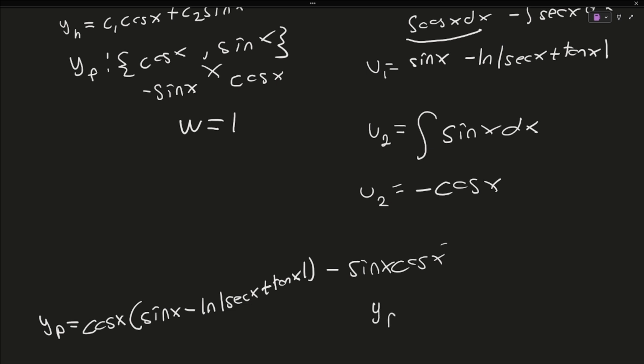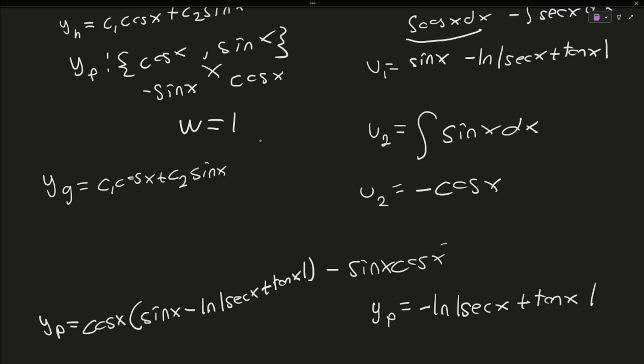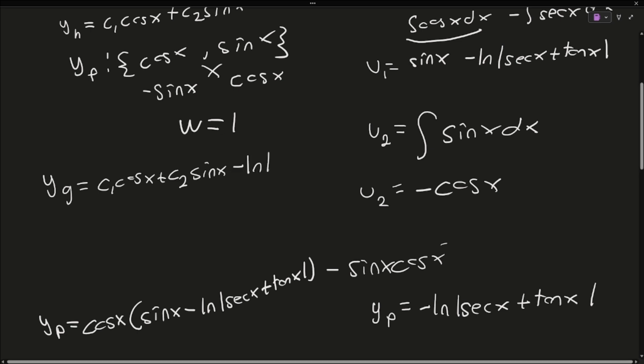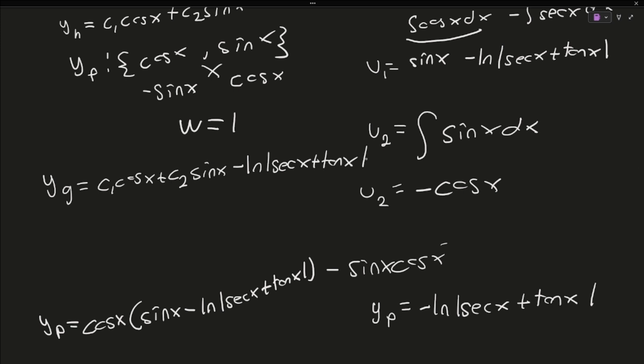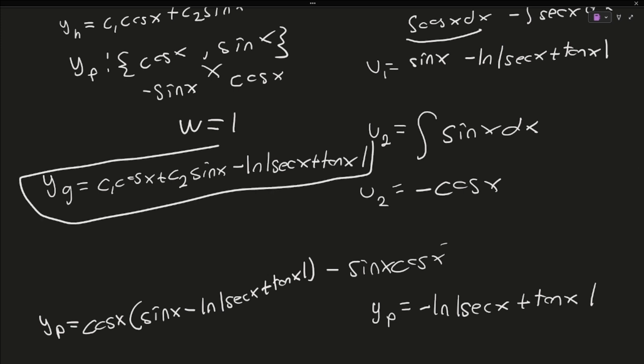So finally, we would have negative cosine x ln of secant x plus tangent x as our particular solution, and therefore our general solution will be c1 cosine x plus c2 sine x, minus cosine x ln of secant x plus tangent x, just like this.